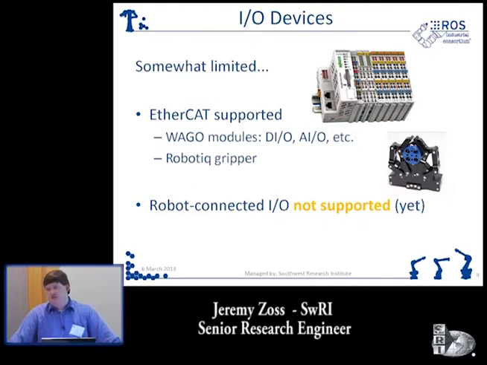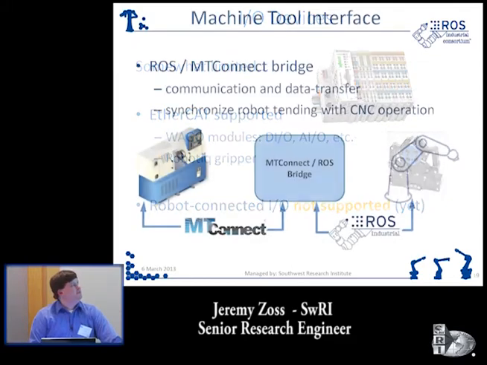We don't talk to DeviceNet, Profibus, Modbus. We can't control I/O connected to the robot. All those things are technically possible. They're just not in there in what you can do with ROS today. There are some other EtherCAT type gripper devices. The fancy grippers you can get from Robotiq are an example, and those are also supported.